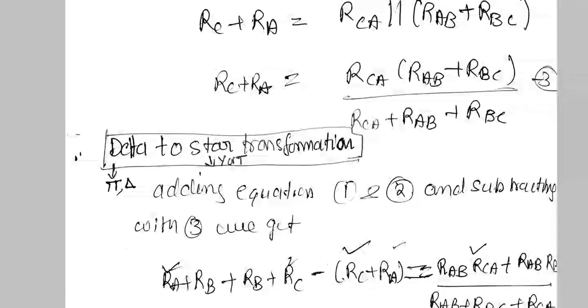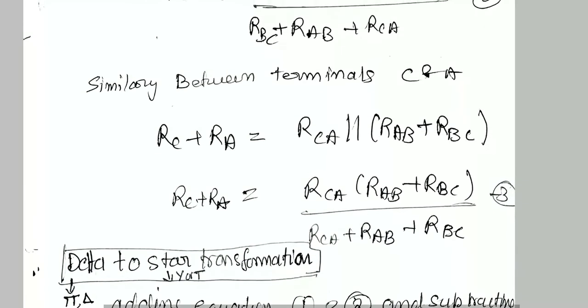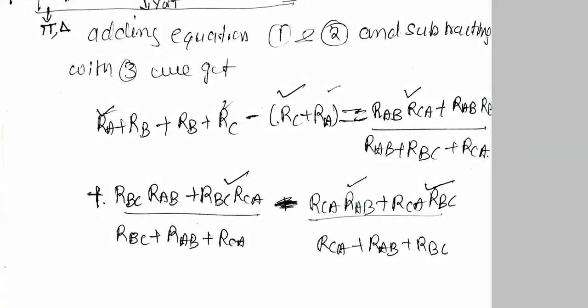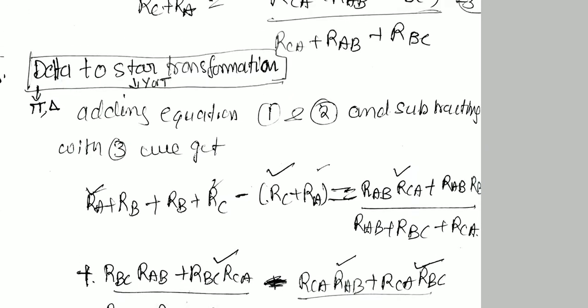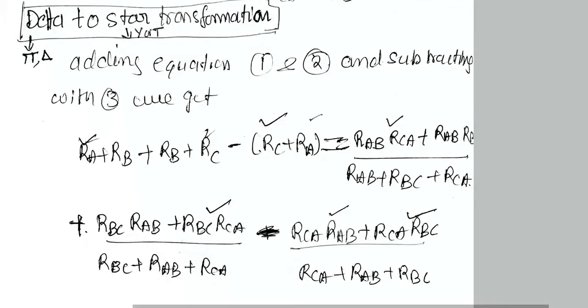Okay, so after using the formula of parallel resistances, we get these three equations 1, 2 and 3. Now we have to solve using these three equations. So add equations 1 and 2, and subtract equation 3. Adding equations 1 and 2 and subtracting 3, we get like this.